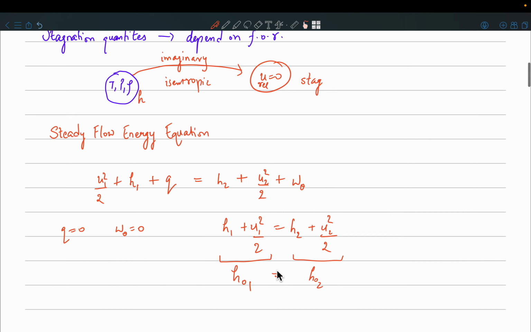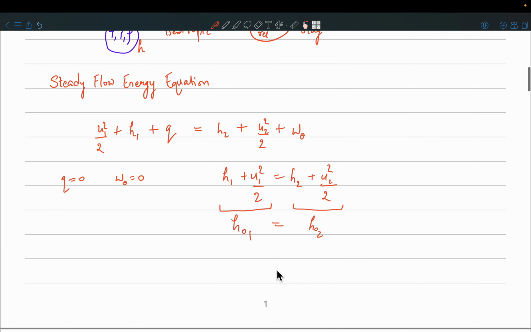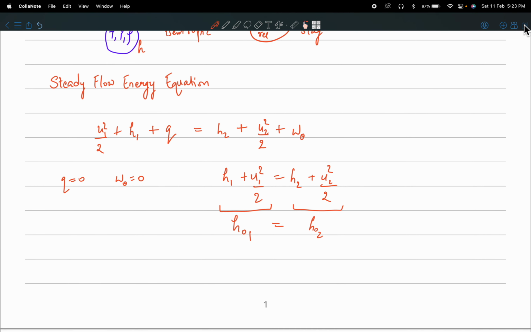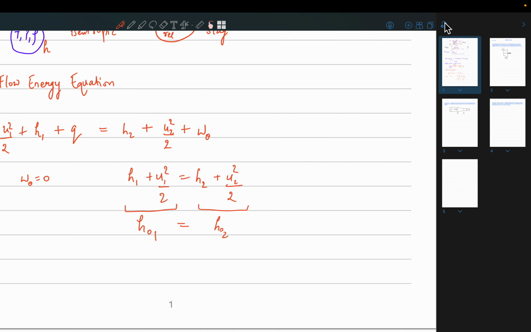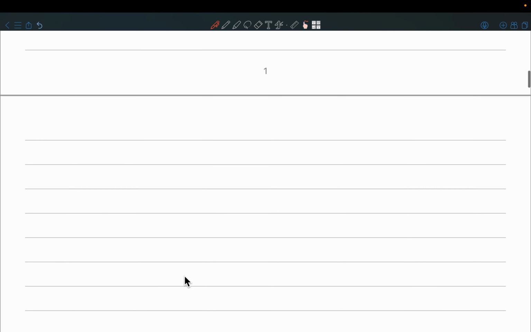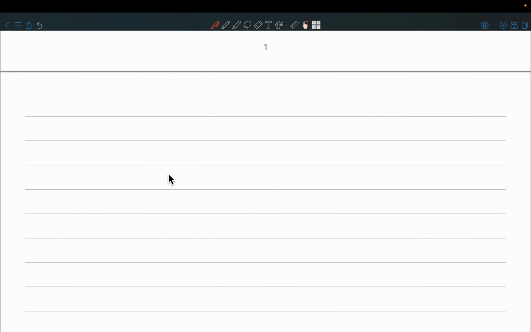Now you must have seen different forms of the energy equation. Let me just add a page here. One is that h naught is equal to h plus u square by 2. Then another one is CpT plus u square by 2, right?